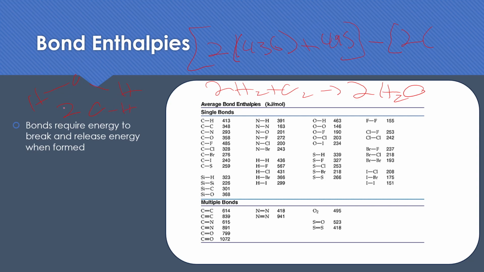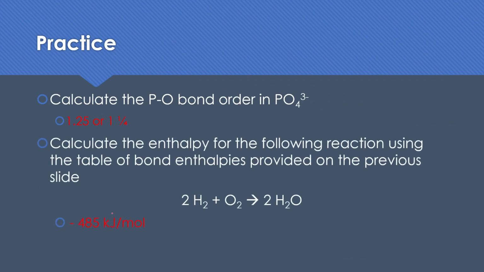So 2 waters is 4 total OH bonds. Okay, so my OH bond is 463, so minus 4 times 463. Okay, and you'll find that the answer is, drumroll please, negative 485 kilojoules per mole.